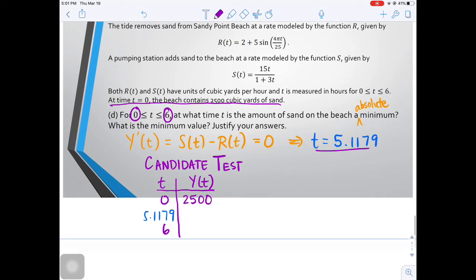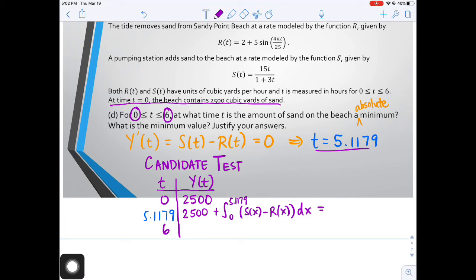So we are going to take 2,500 plus the definite integral from 0 to 5.1179 of s of x minus r of x dx. So 2,500, that's the amount we started with, plus the integral from 0 to 5.1179, that's going to be the amount that has been added or subtracted in total, kind of the net change over this time interval, and that should equal how much we now have left.